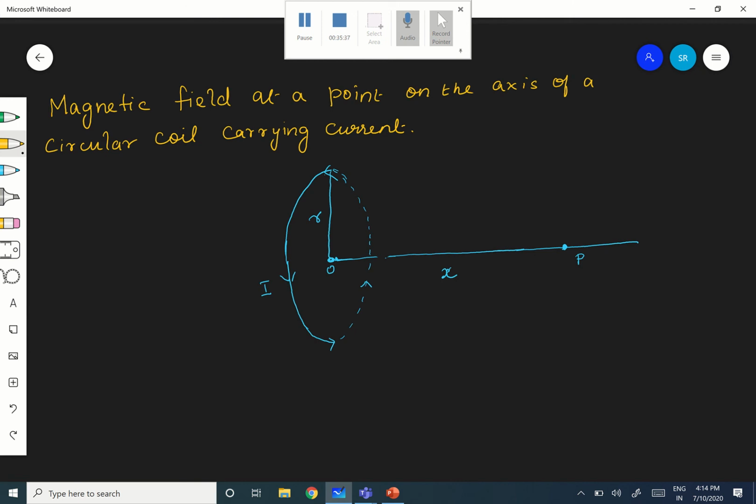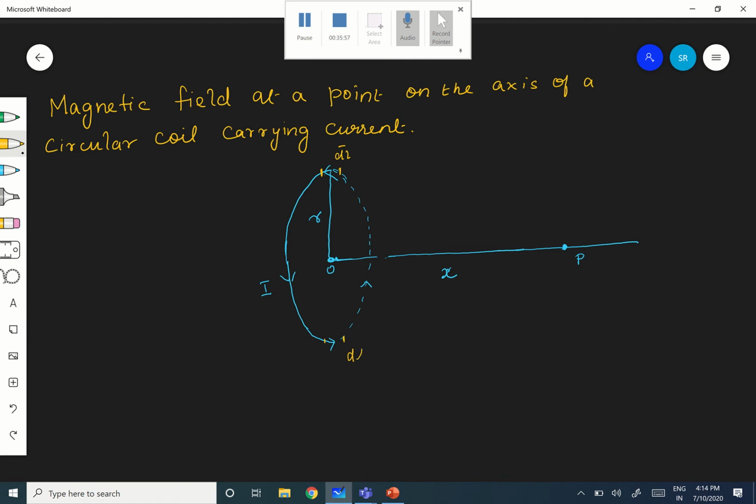I'm going to take two current elements such that they are diametrically opposite current elements. Here I take a current element dL, and at the same time here also dL.